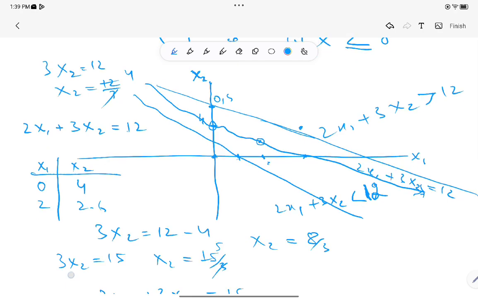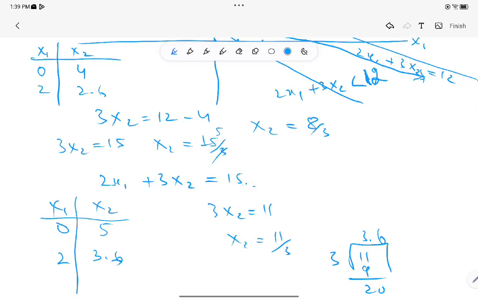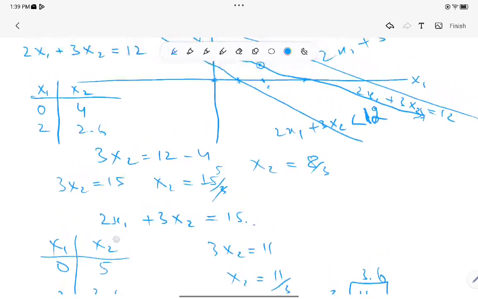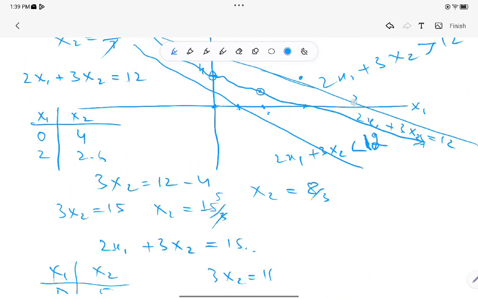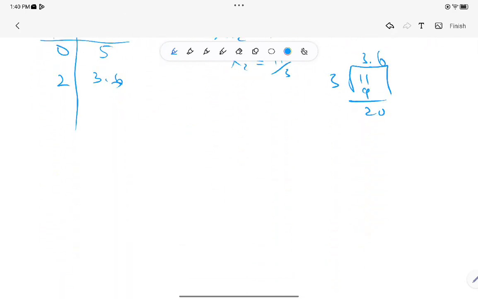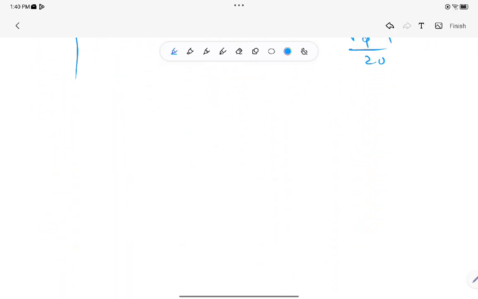What was the equation of this straight line? 2x1 plus 3x2 is equal to 15. That means the sum of these two terms is greater than 12. Similarly, you can verify yourself that points on this side will have the sum of these two terms less than 12. Now consider this.